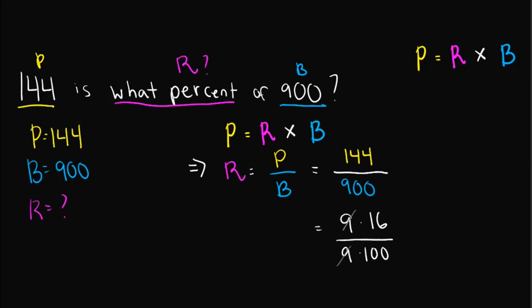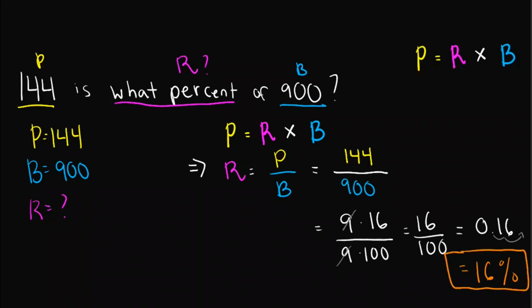So we are left with 16 over 100, or in decimal form, 0.16. Since we are tasked to find the percent, we convert this to percent by simply moving 2 decimal places to the right. This would give us 16%. So that is the answer for this one.